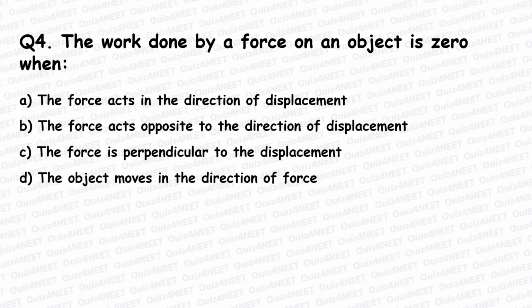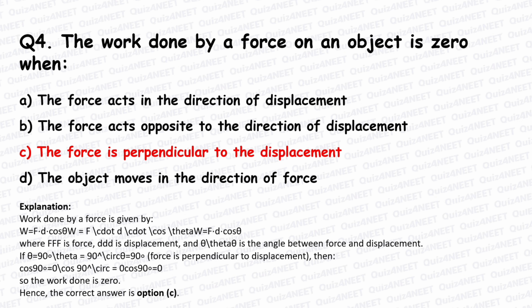Q4. The work done by a force on an object is 0 when A. The force acts in the direction of displacement. B. The force acts opposite to the direction of displacement. C. The force is perpendicular to the displacement. D. The object moves in the direction of force. Answer: C. The force is perpendicular to the displacement.